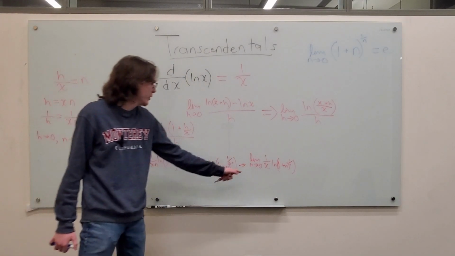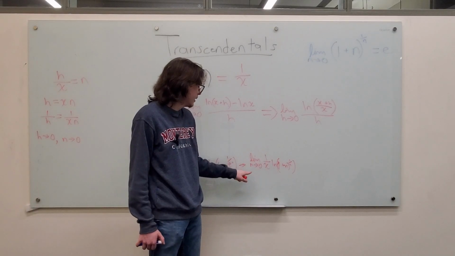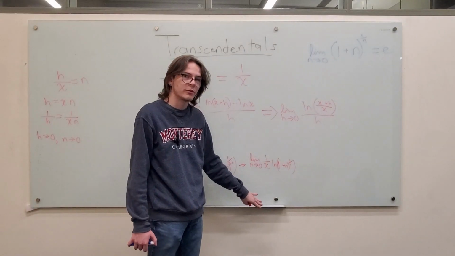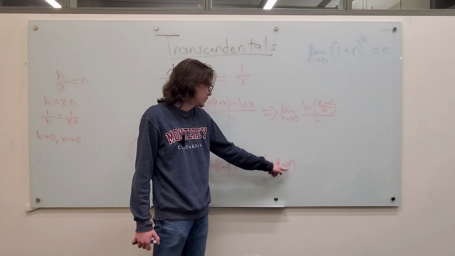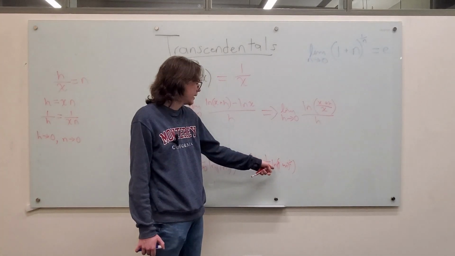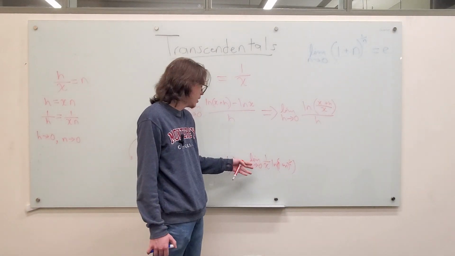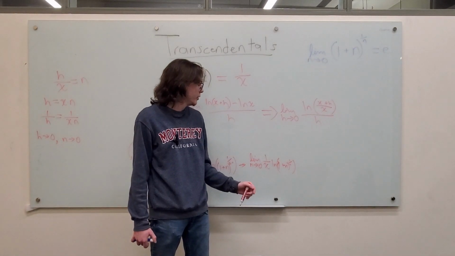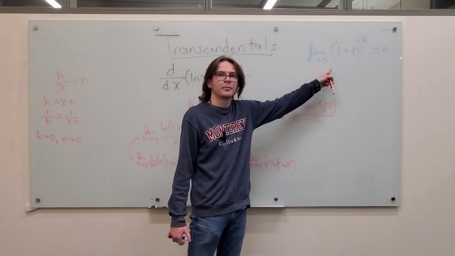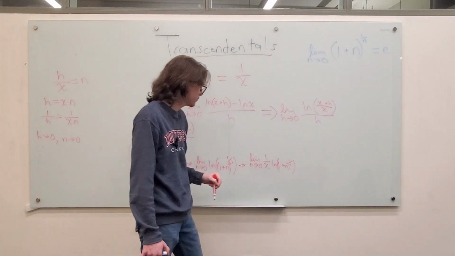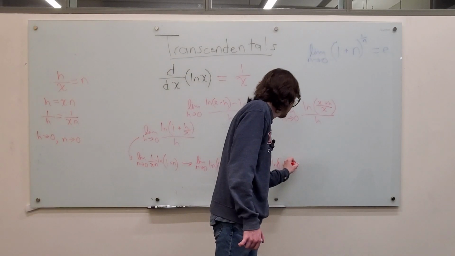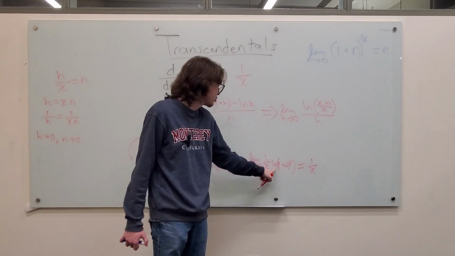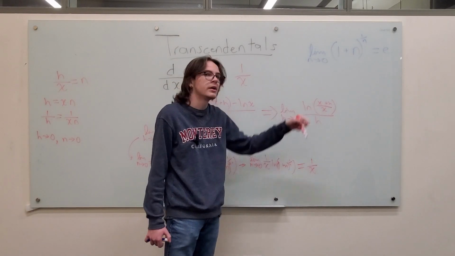But now we have the limit as n goes to 0, 1 over x. Since we are taking the limit of n, x might as well be a constant. So we're going to ignore this 1 over x term. The natural log of 1 plus n all to the 1 over n. Well, since natural log has nothing to do with the n, we're basically just taking the limit as n goes to 0 of this inside term, 1 plus n to the 1 over n, which is exactly the limit definition of e, which means this limit is equal to 1 over x times the natural log of our inside term, e.